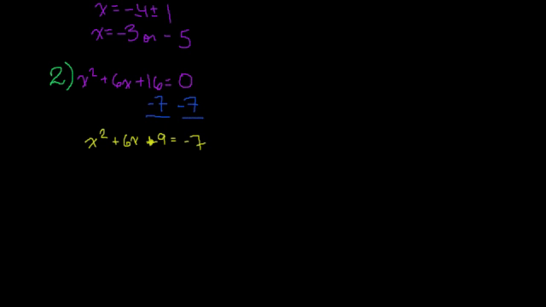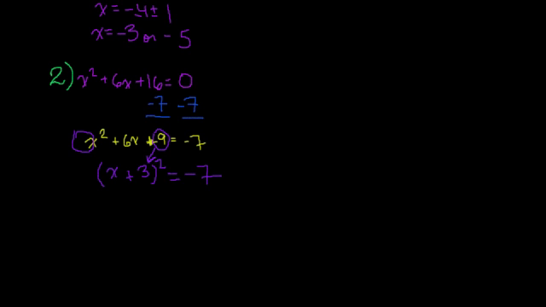So what does this simplify down to? This boils down to x plus 3 squared, because this is the x right here, and this is the b divided by 2. This all factors down, and you get negative 7 on this side.